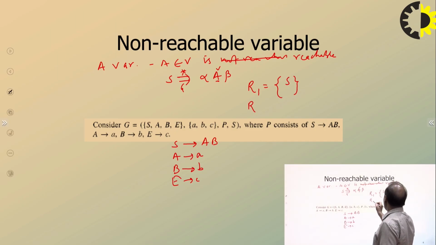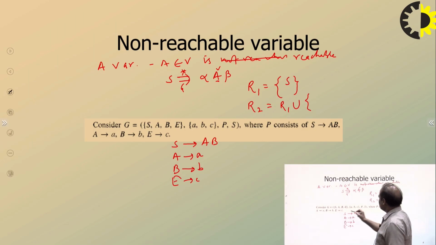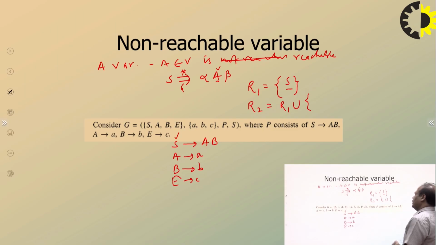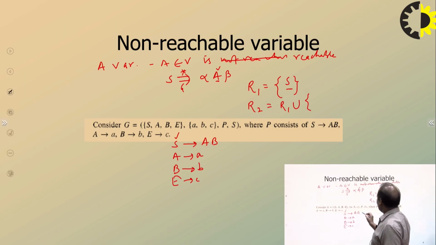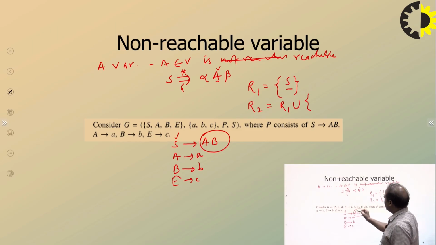Now, in order to get R2, let us take R1 union. Look at the R1 symbols in the left hand side; it is the opposite of the non-active case. Any non-terminal in the right hand side, for the symbol taken from the left hand side, will be included in the set R2, right?